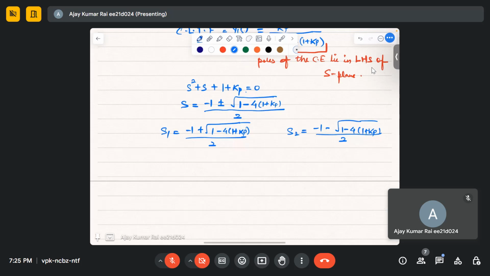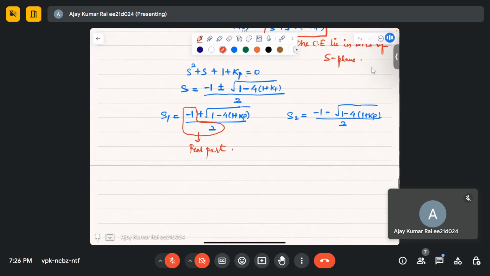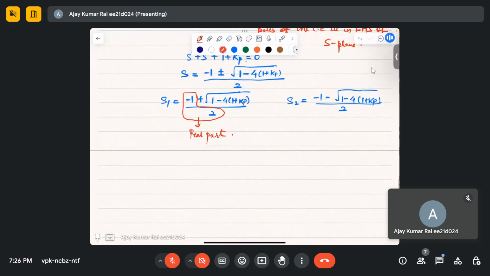Okay, but one thing is very clear. The real part, this part, is negative, right?